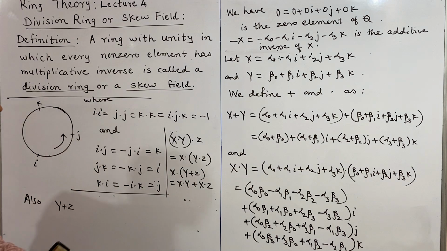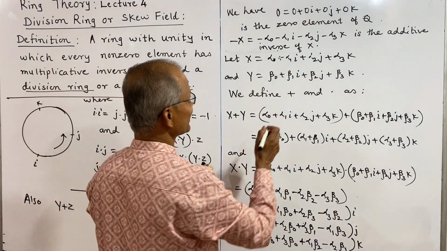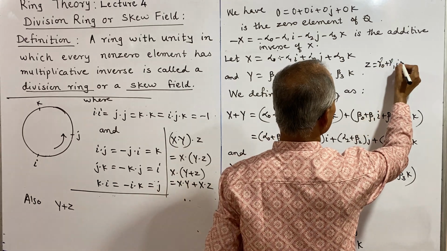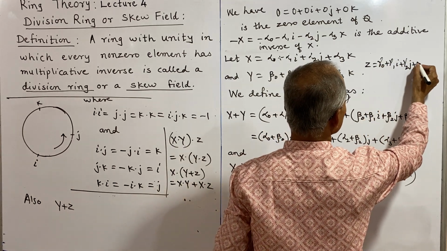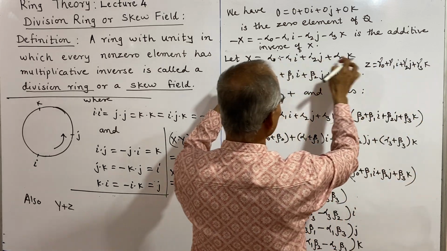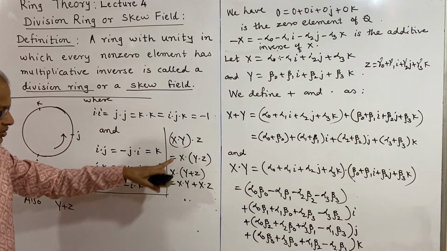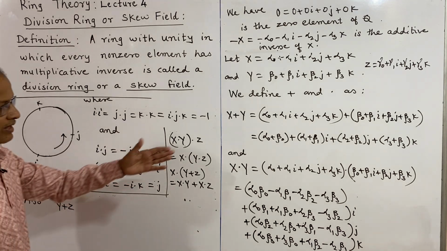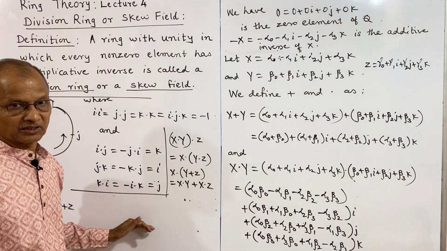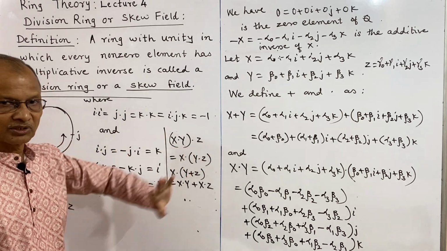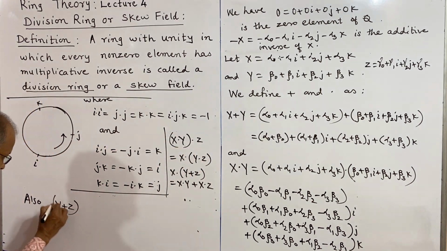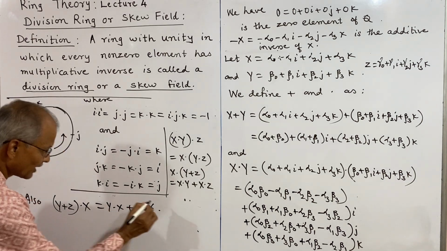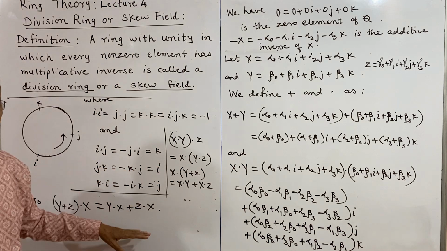What is z? z is a symbol of the same kind, z equal to gamma naught plus gamma 1 i plus gamma 2 j plus gamma 3 k. For x, y, z we can check the associative and distributive properties for addition as well as for multiplication. Here for addition also associativity holds, and this gives y into x plus z into x. Thus the distributive laws also hold.